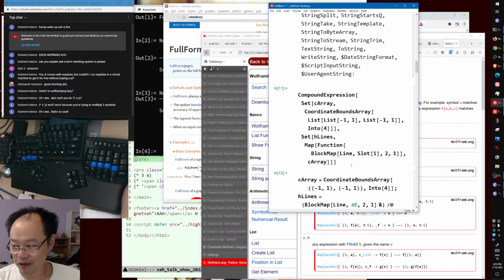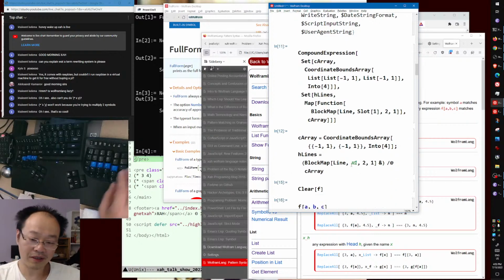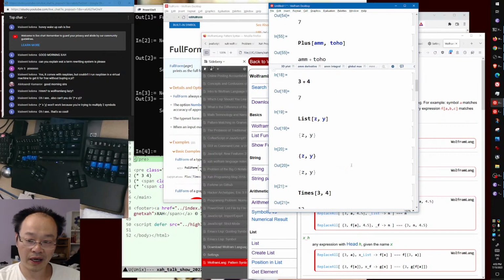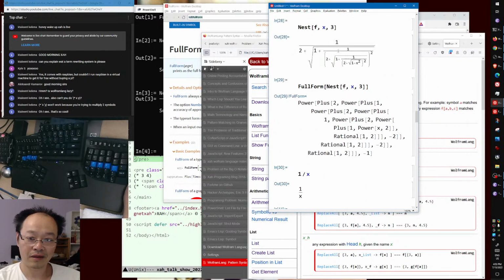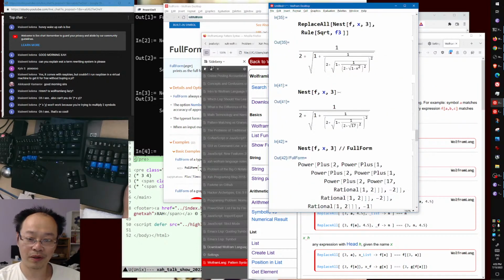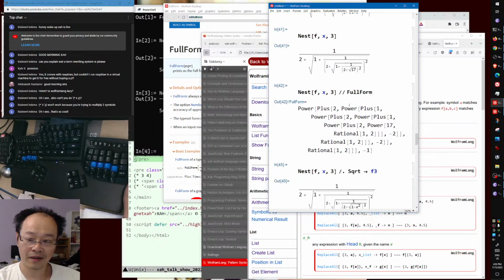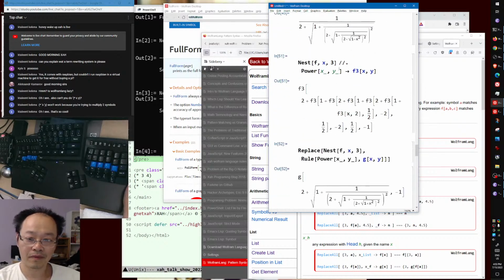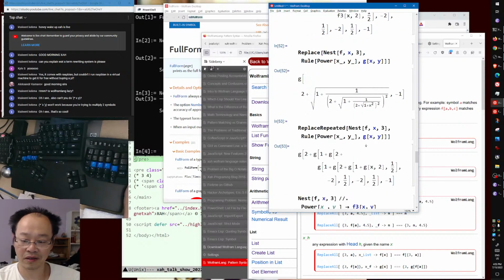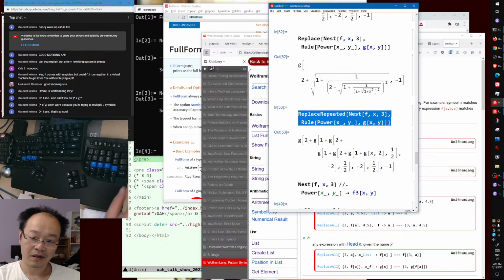The Wolfram language is a term rewriting system. What does that mean? Basically, the way it computes is that it replaces a sequence of symbols by some other, which we have seen, like in this example where we replaced all the square roots.